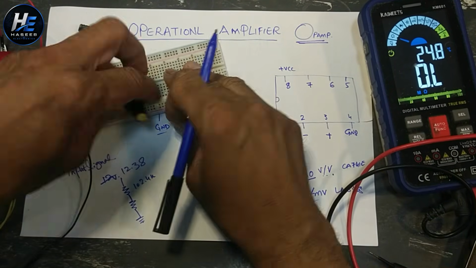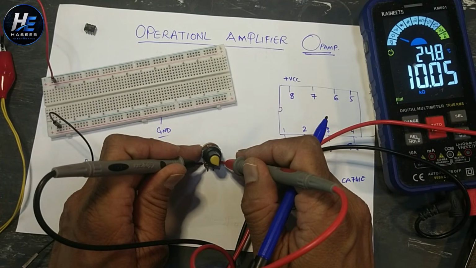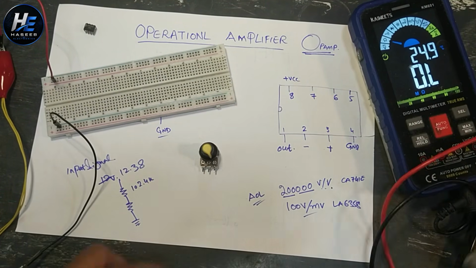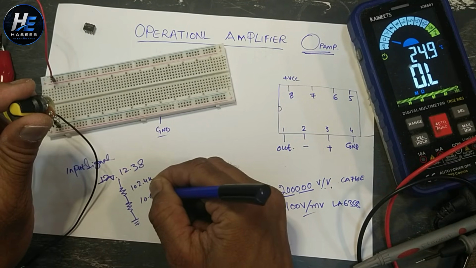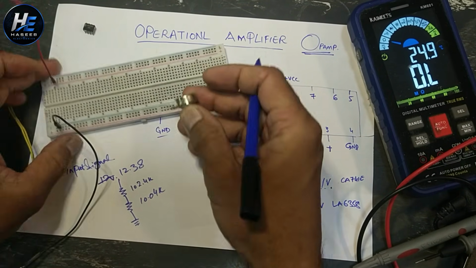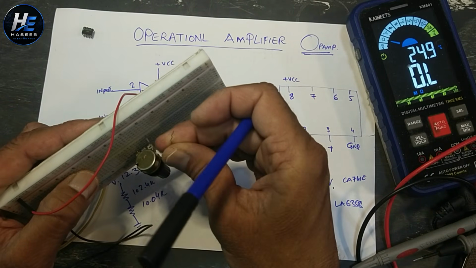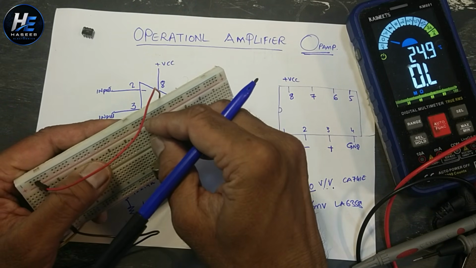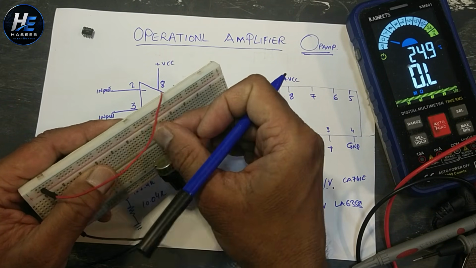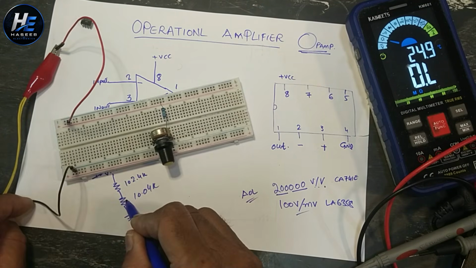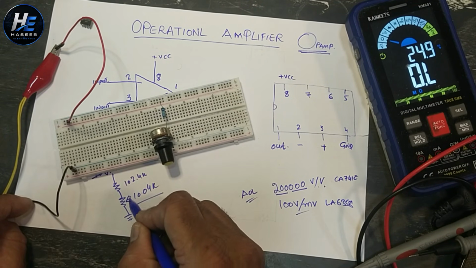And this potentiometer 10.04 kilo ohm. We will connect this potentiometer here with positive rail. Second end of this potentiometer will be grounded.